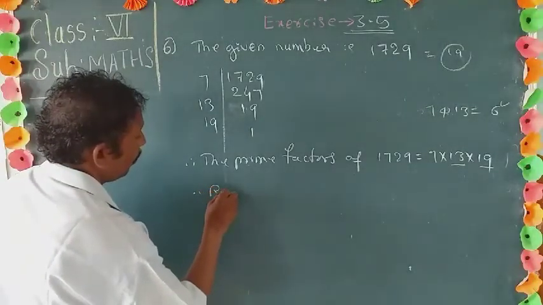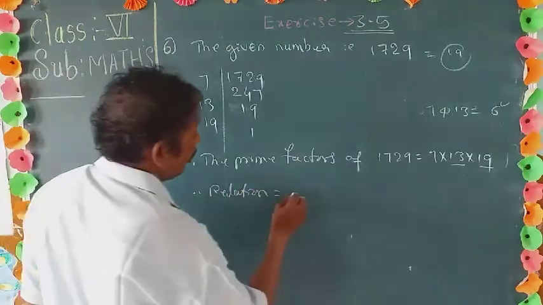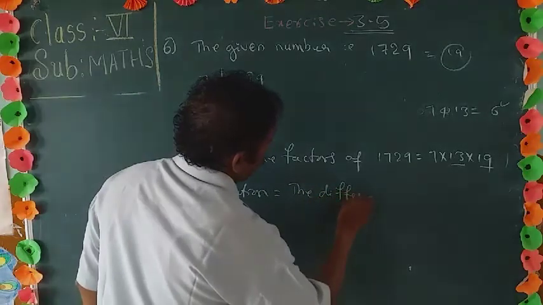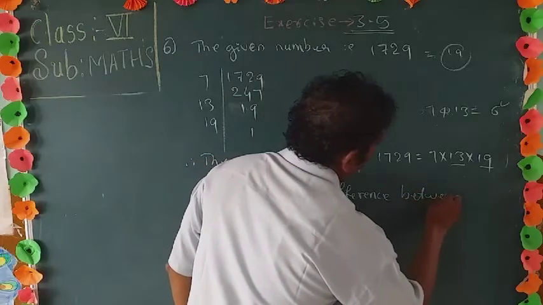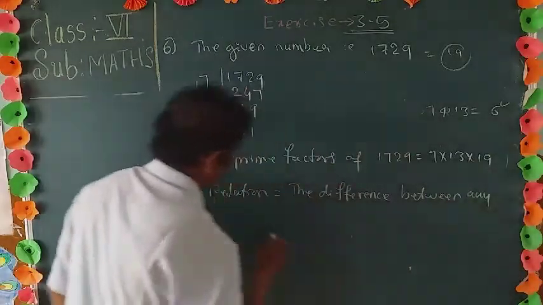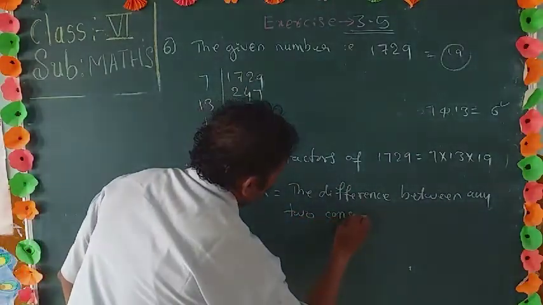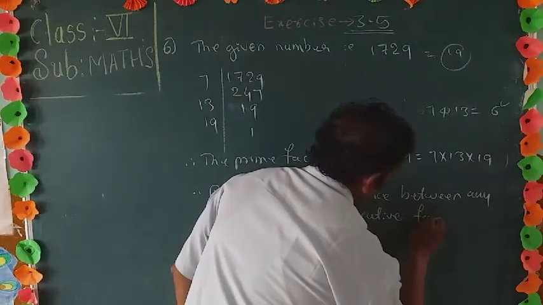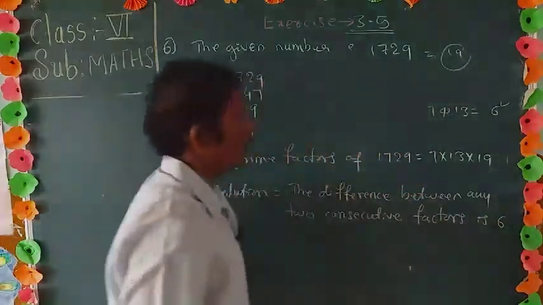Therefore, the relation is that the difference between any two consecutive factors is 6.